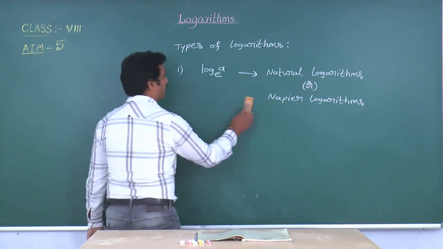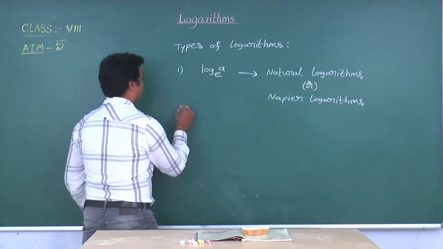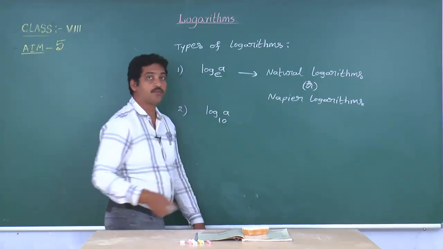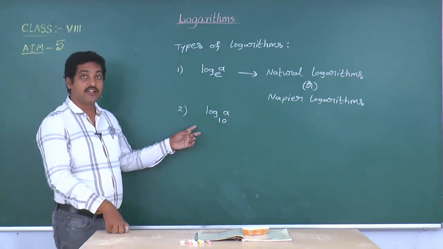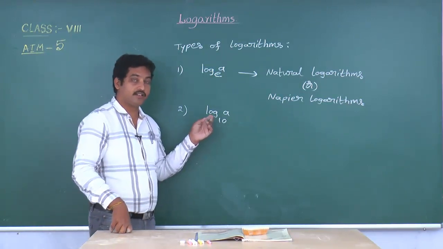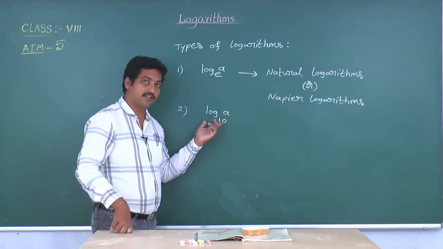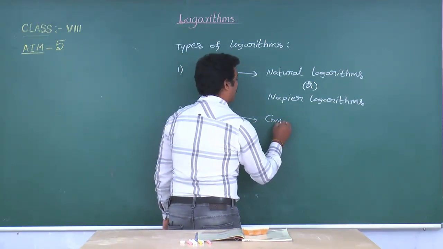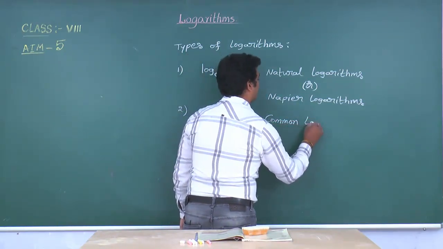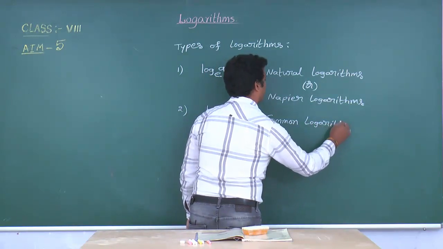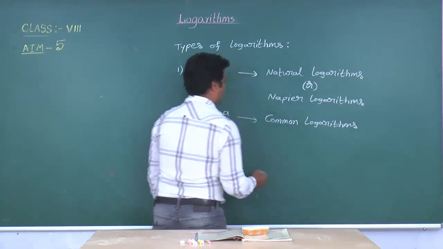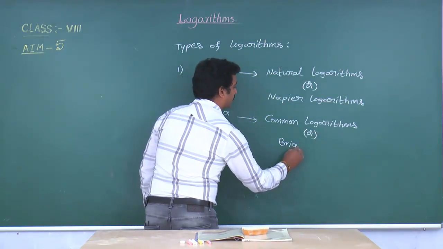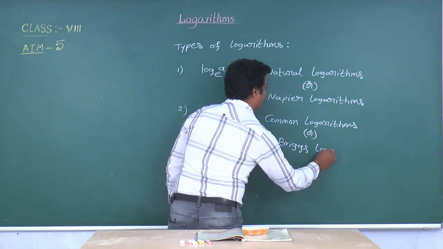Now come to the second type, log a to the base 10. What do you observe here? The base is 10. If the logarithms are calculated with the base 10, those logarithms are called common logarithms, otherwise Briggs logarithms.